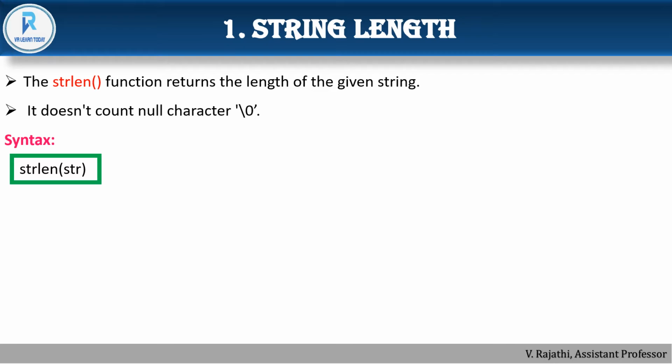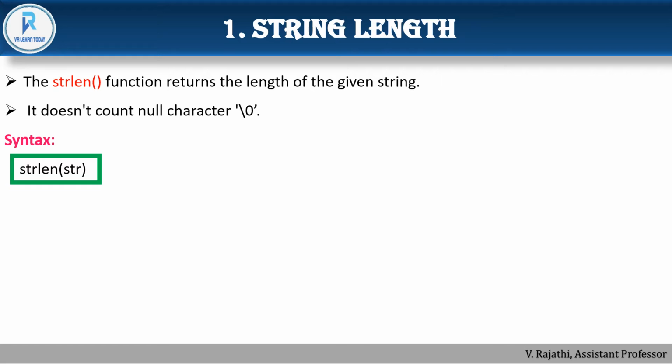First is string length. The strlen function returns the length of the given string. It does not count the null character. We already know a string automatically ends with the \0 null character, but this null character does not come under the count.